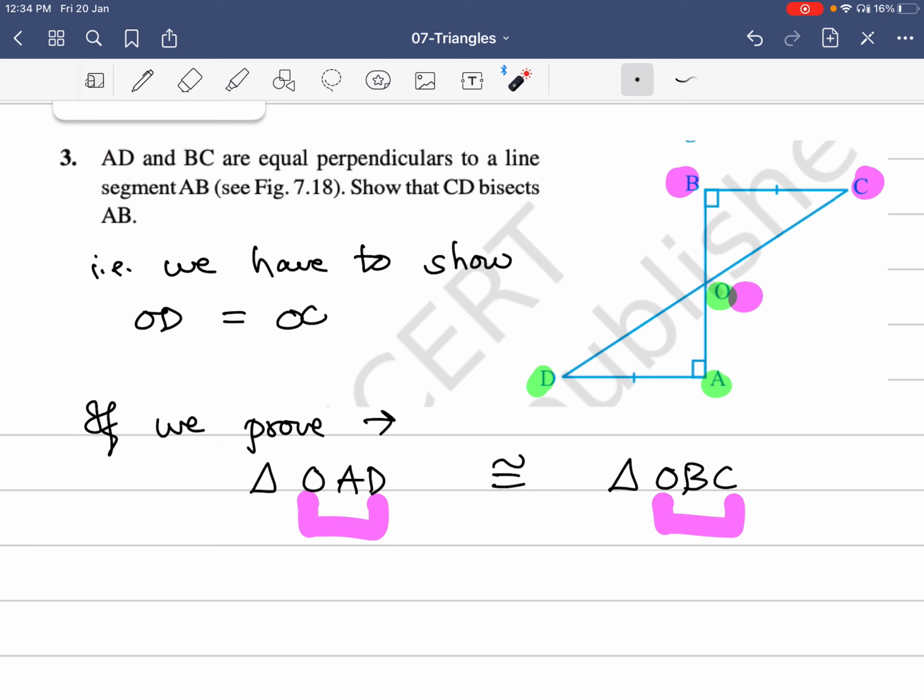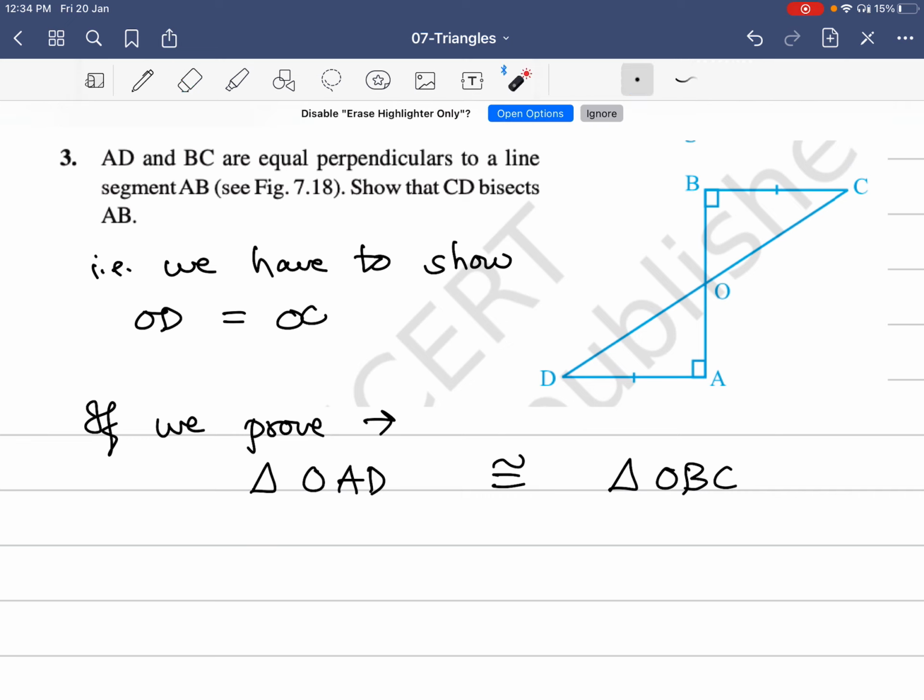This is how we are trying to understand what we have to do. Once we are clear and confident about our approach, then we can start solving the problem. So once again, let's remove these highlighted things. Now our problem statement has reduced to proving that OAD is congruent to OBC.